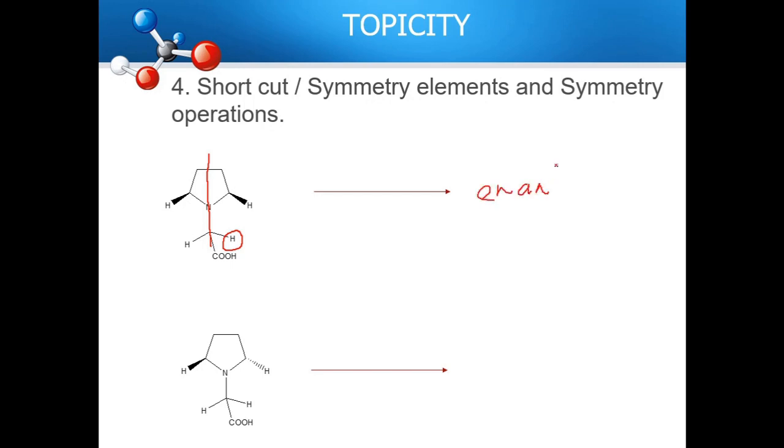So I have an enantiomer. So these two hydrogens are enantiotopic. So what I am using here is a symmetry operation. So I am putting a plane of symmetry.